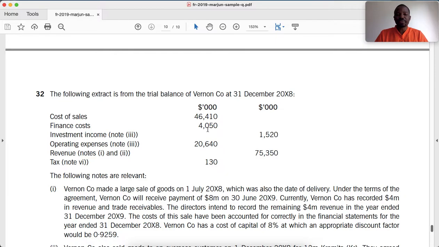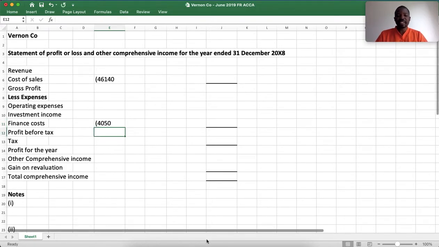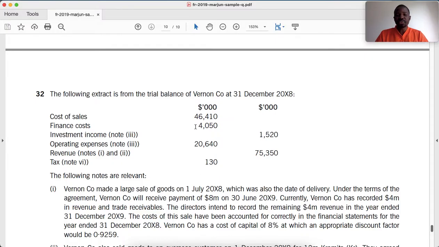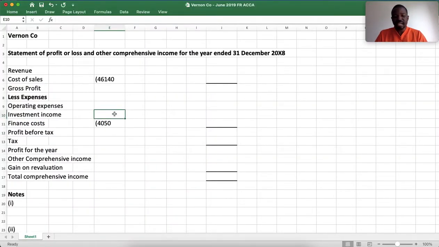Finance cost 4,050. We go to our template where there is finance cost, we put 4,050, awaiting some adjustments. We go again to our question, investment income 1,520. So we go to our investment income, 1,520.